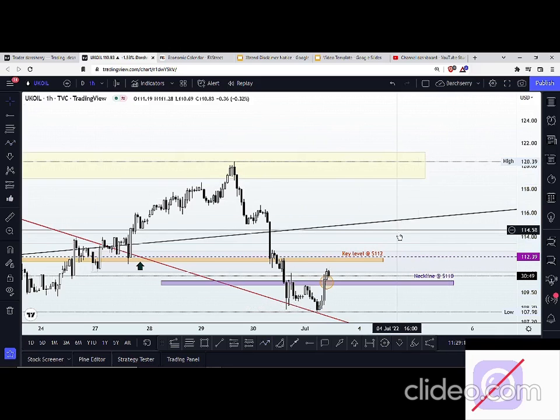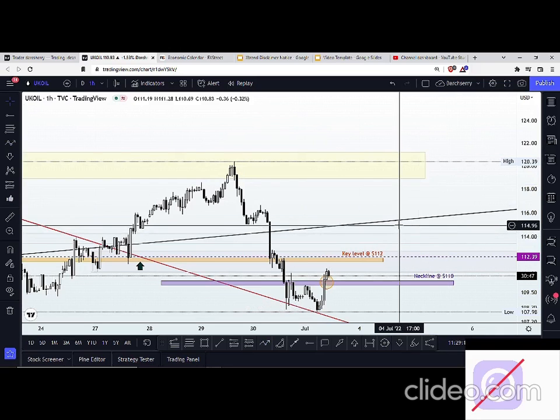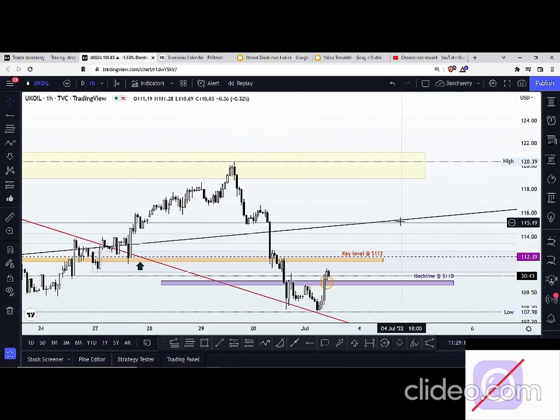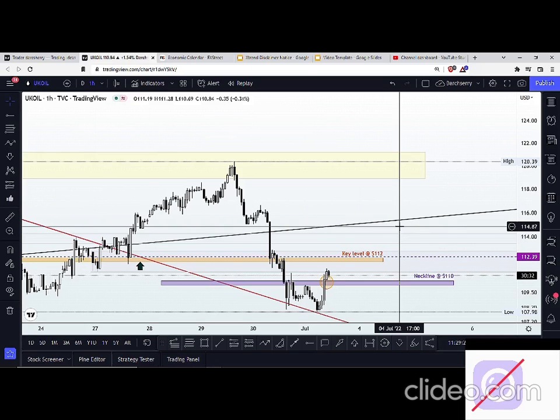So at this point, as we head into the New York session here on the UK oil, we want to be looking out for a retest of this neckline to guide our actions going forward. So one thing I won't stop saying here is this: we need to be patient as usual, and we want to see price do that retest on lower time frame. We want to look out for that pattern that will guide us into a bullish momentum. And this pattern could come in any form.